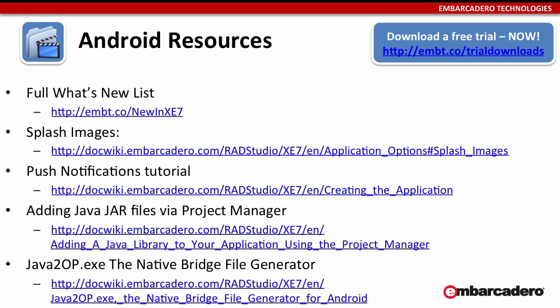And the reason in iOS the splash screen doesn't rotate is that's actually the way the iOS platform works. The splash screen image is built into the iOS app specification, and you can specify a splash screen image, but it does not rotate portrait versus landscape.